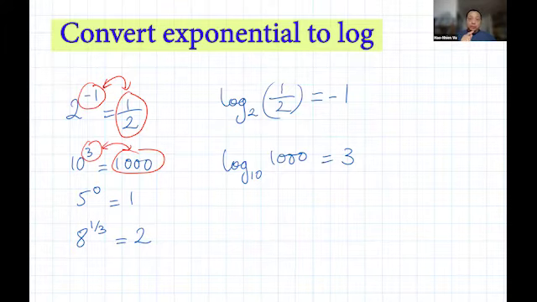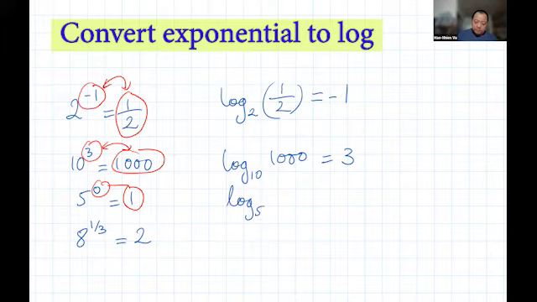And that's true, right? Any non-zero number to the power 0 is equal to 1. Switch places of these two things. And the base is now 5. Log base 5 of 1 is equal to 0. And I can tell that that's true because 5 to the power 0 is 1.